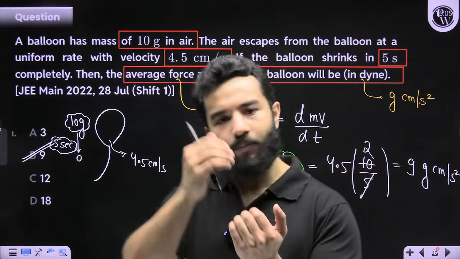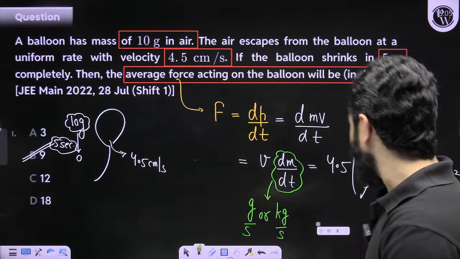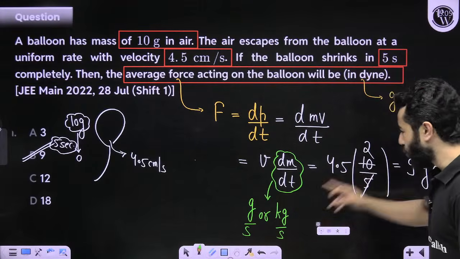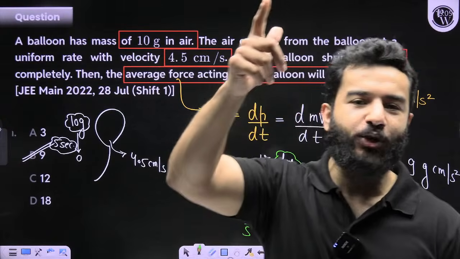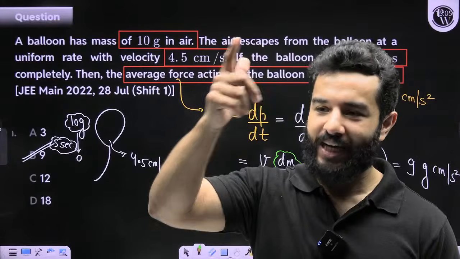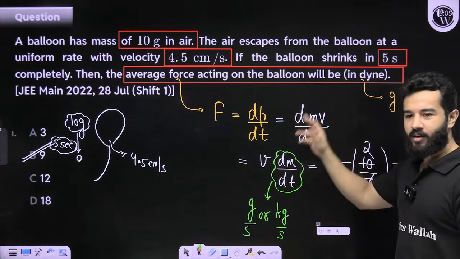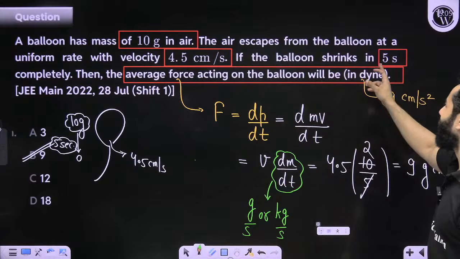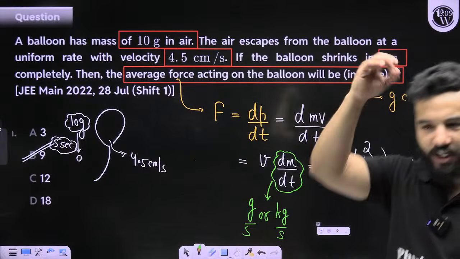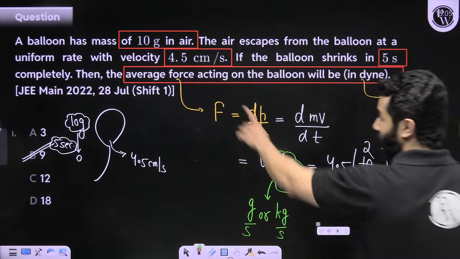If in a problem they are saying that mass is decreasing at a rate of 2 gram per second, then instantly it will click to you that we will have to use this formula. But over here they are saying that initially it is 10 gram and then it shrinks in 5 seconds, and they are talking about average.